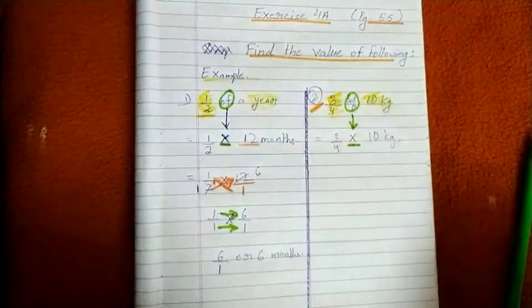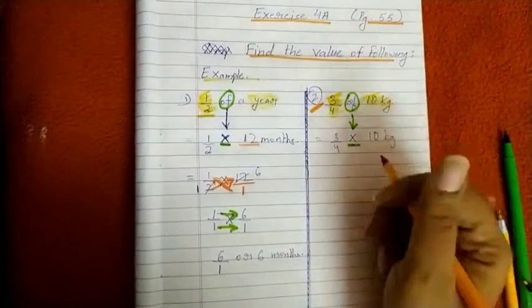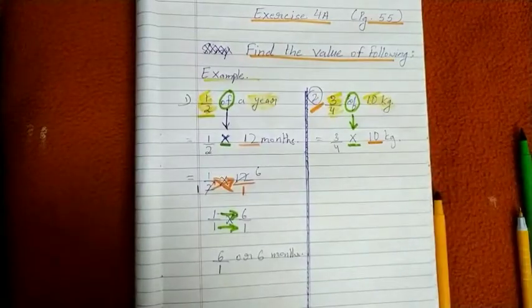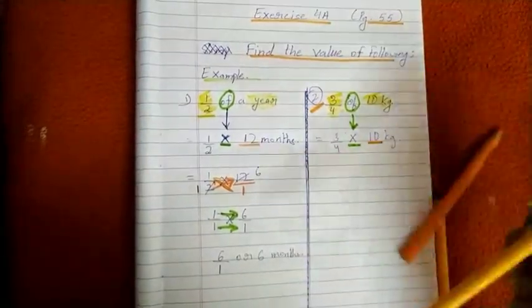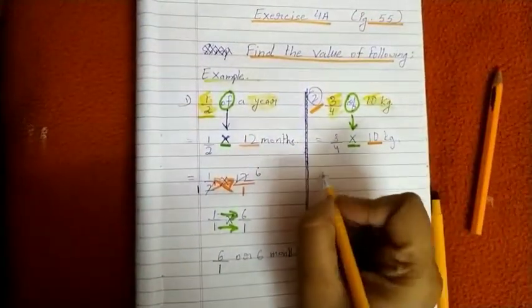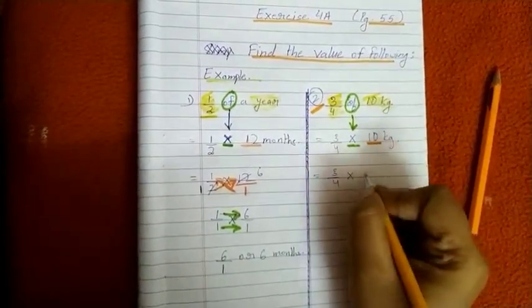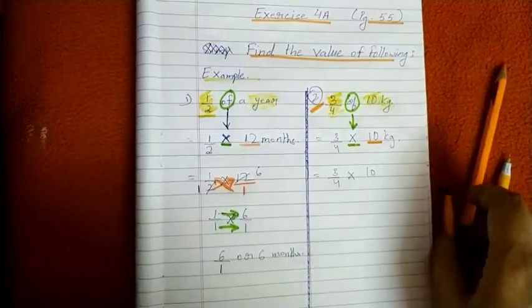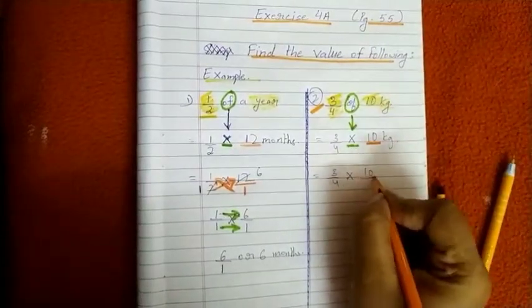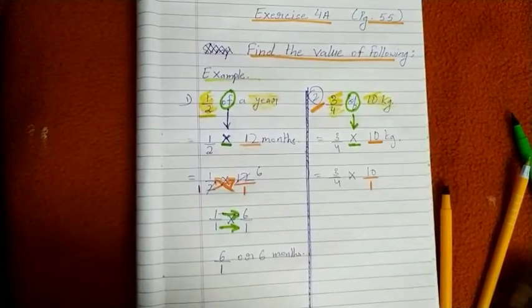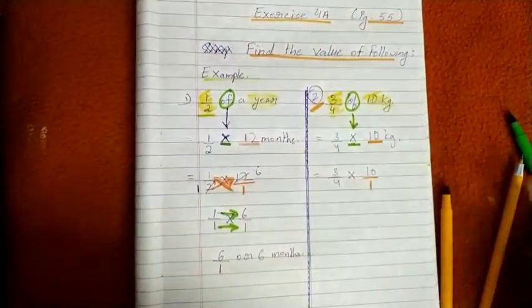Now what I said, if nothing is there as a denominator, then 1 is there. So children, we can write here like this: 3/4 into 10. No denominator is given. So children, what can I write? I can write 1. Simple. If no denominator is given, that means 1 is the denominator.